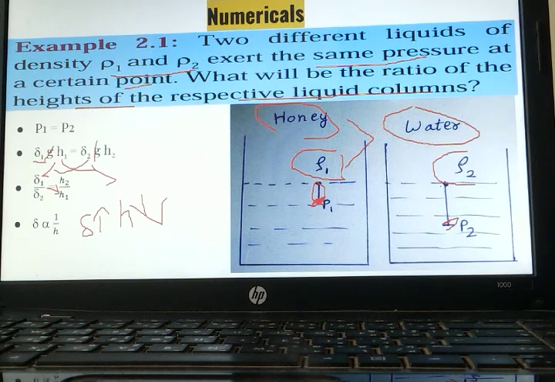Whereas water's density is less, so it exerts the same pressure but at a longer distance. You can see this distance is much greater compared to this one. This is h1, and this is h2. As the density of honey is more, h1 is less. As the density of water is less, h2 is more.